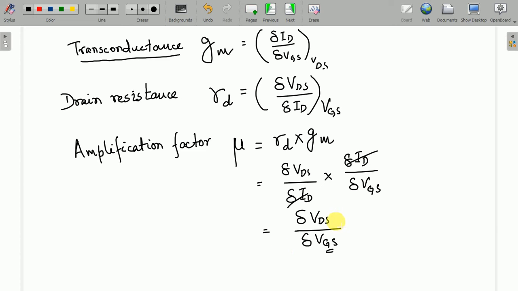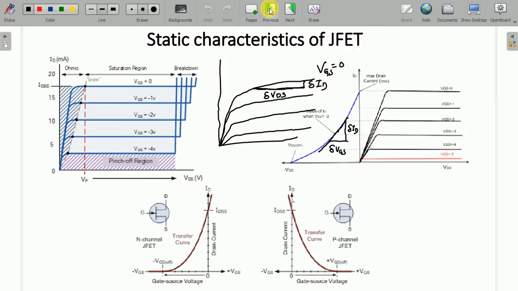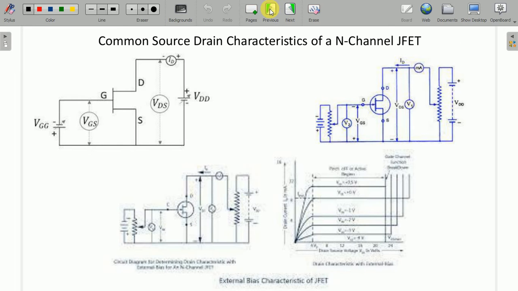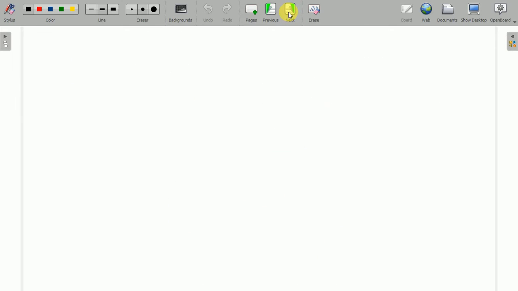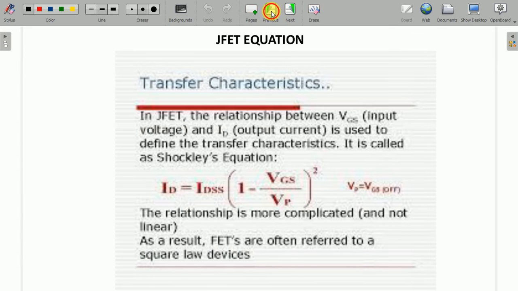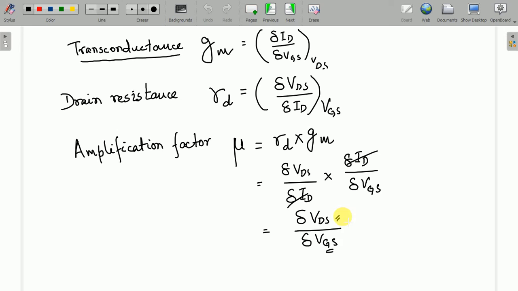And what is delta VDS? That is the output voltage. You can go back. Here you can see this side we take input, so this is VGS this side and VDS is this side. So what we find is that it is nothing but output divided by input. That is what is amplification factor.